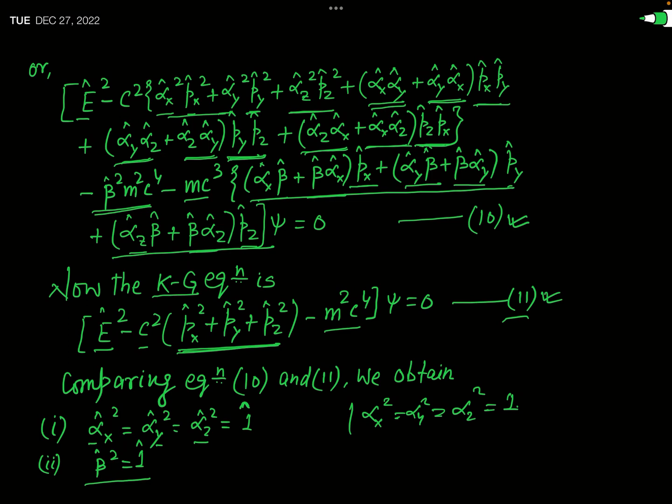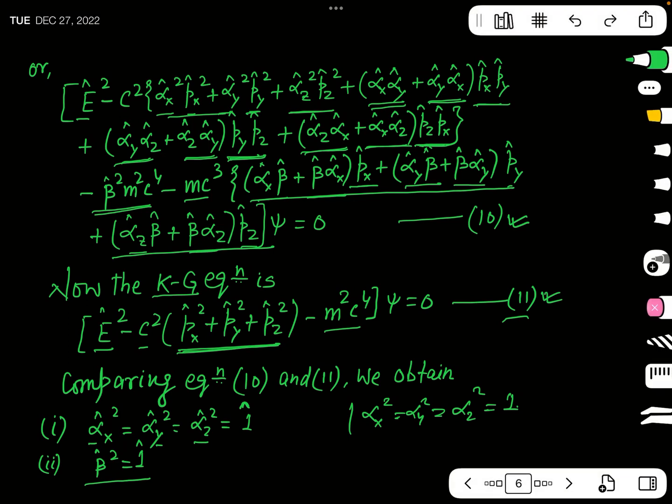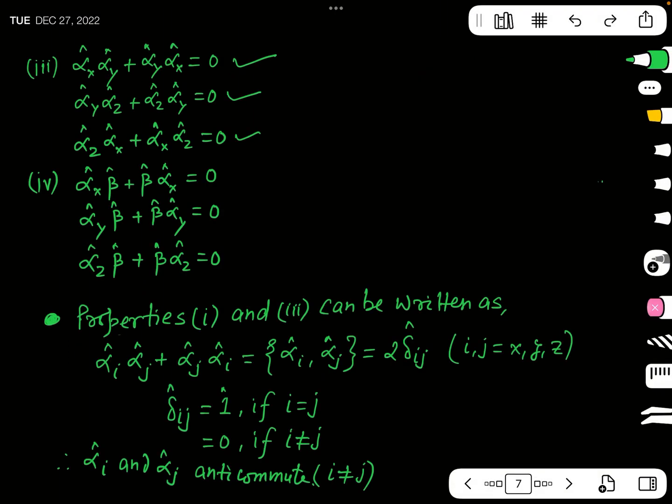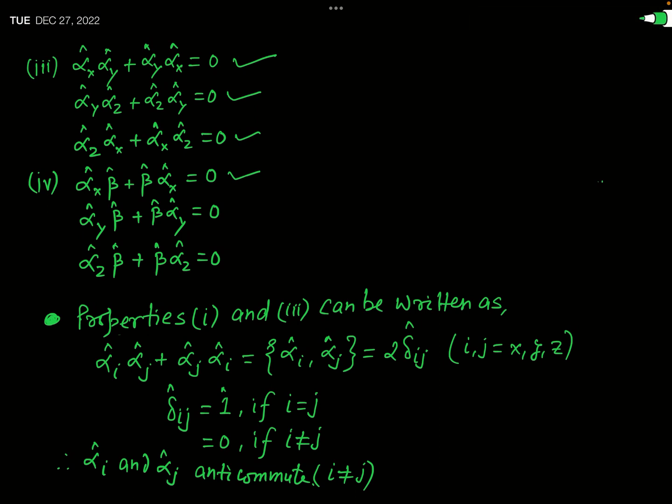So definitely these terms will also be equal to 0, because these are not present in the Klein-Gordon equation. So we can write that alpha x beta plus beta alpha x is equal to 0. Alpha y beta plus beta alpha y is also equal to 0. Alpha z beta plus beta alpha z is also equal to 0.